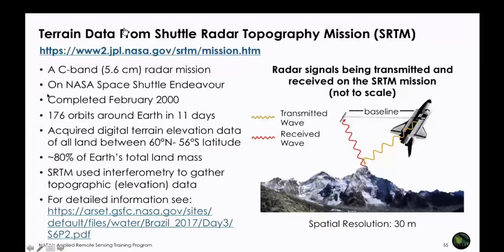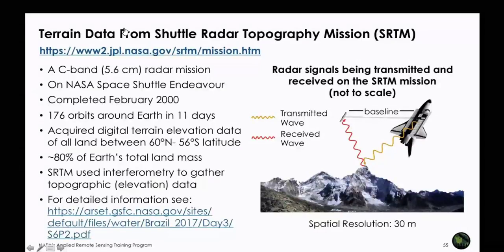This was in 2000, but it provided coverage of the entire Earth. SRTM is a radar that looks at backscattered data, and so by looking at transmitted and received radar waves, topography is derived.